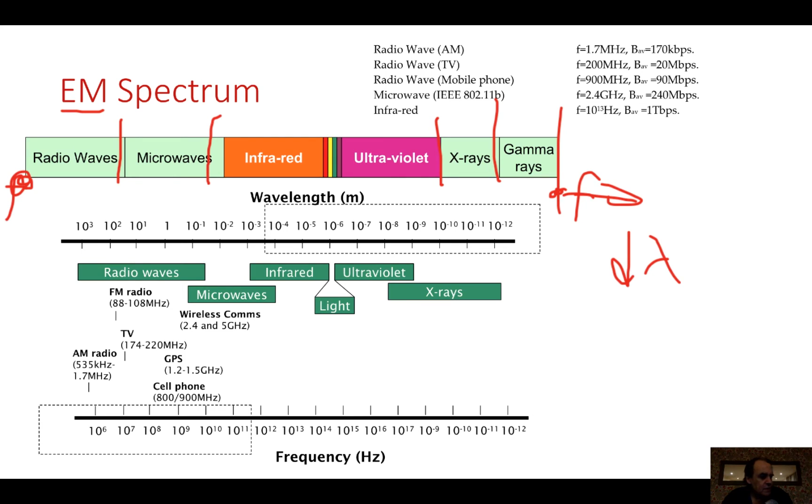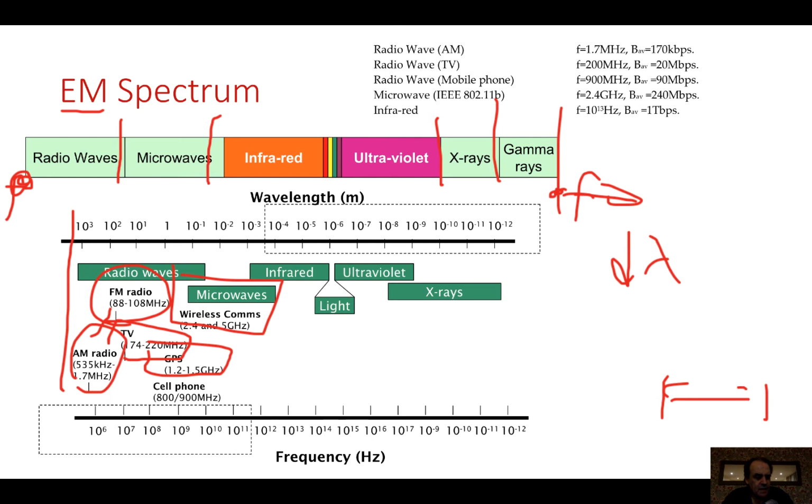As we go through, we go through radio waves, AM, up through FM. FM is about 88 megahertz, right through analog TV up to about 200 megahertz. GPS runs about 1 gig, and then we move into the microwave region. With the microwave region, our waves are typically a few centimeters long, or it could be millimeters.